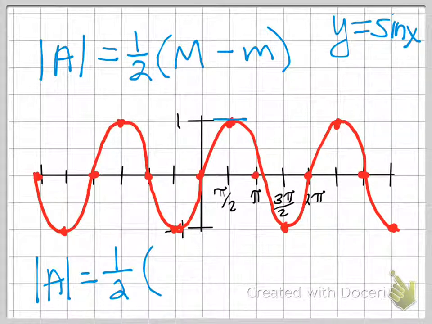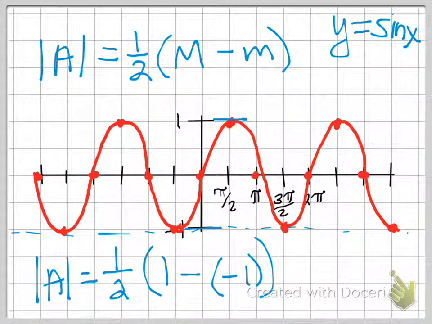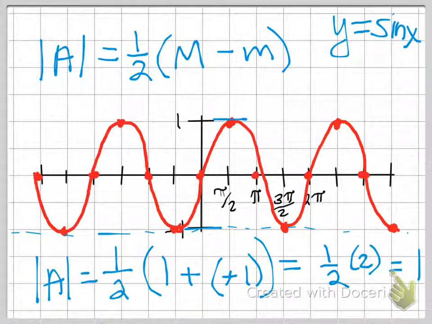Well, my maximum height is 1, and the minimum height of my graph is minus negative 1. Remember, two negatives make a positive. So this is the same thing as 1/2 of 2, which of course is just 1. So the amplitude of this graph is 1.